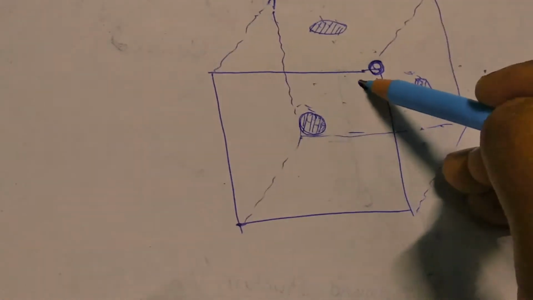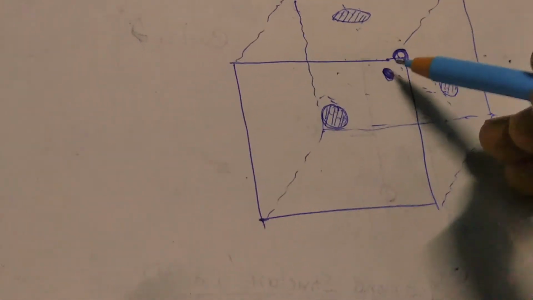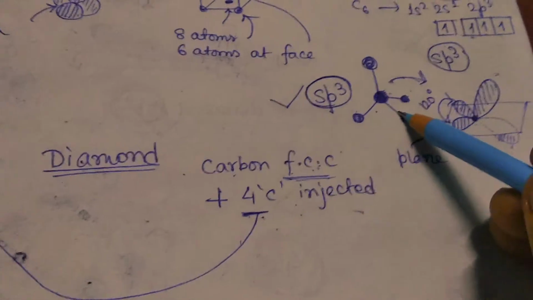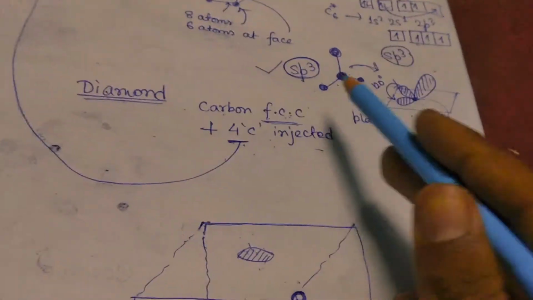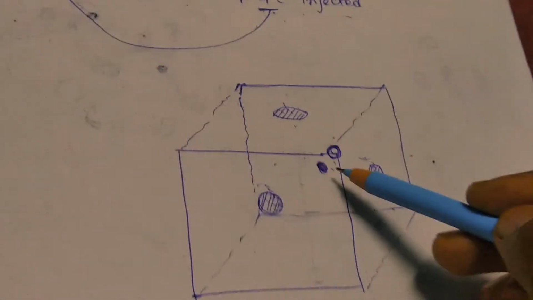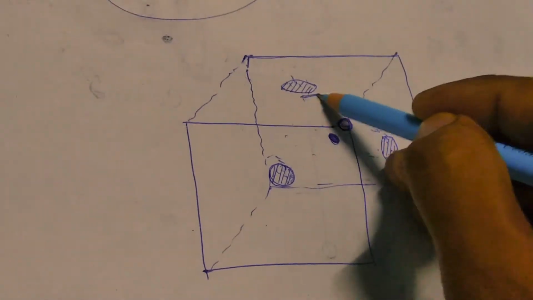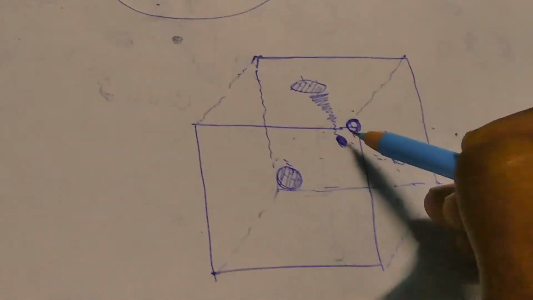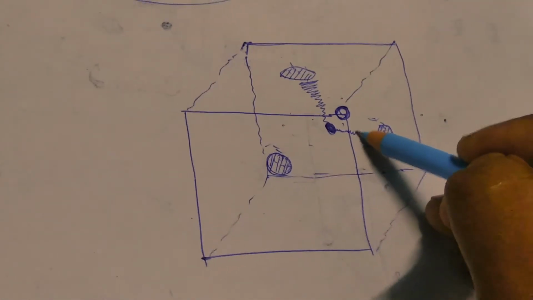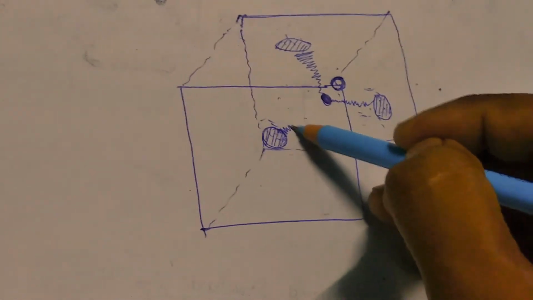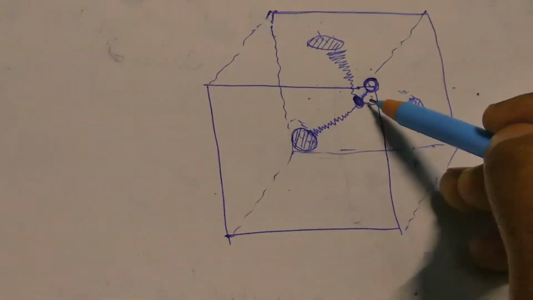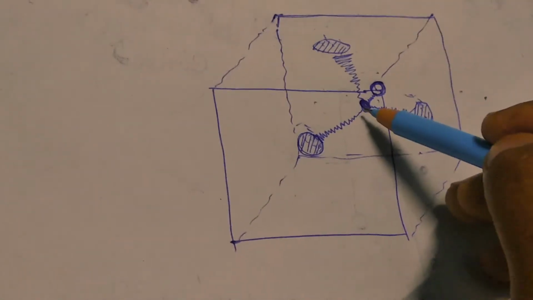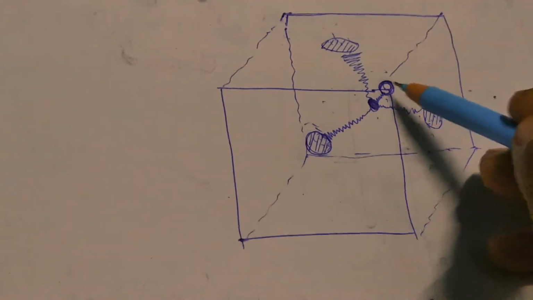It is in sp3 mode, so these 4 bonds should be connected with each other. This is connected in this manner, this is connected in this manner, this is connected in this manner, just like this. In the tetrahedral void space 1 carbon atom is here in sp3 mode.